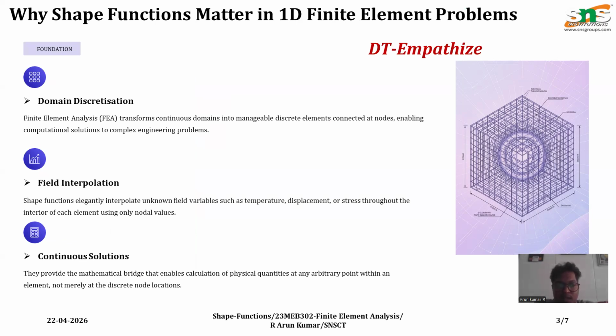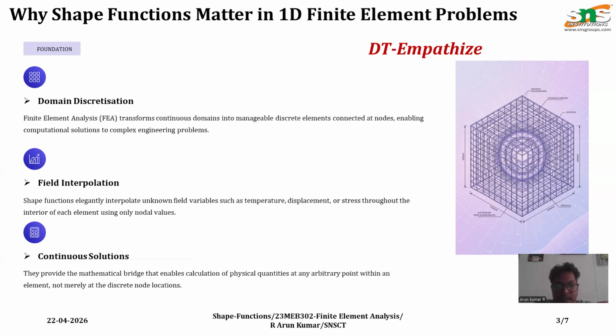As we know, there are field interpolation, the continuous solution, and domain discretization. In domain discretization, finite element analysis transforms the continuous domain into manageable discrete elements connected with nodes, enabling computational solutions to complex engineering problems. Also, while solving a complex problem, the discretization method is more effective for solving the particular element and is very useful for finite element analysis.